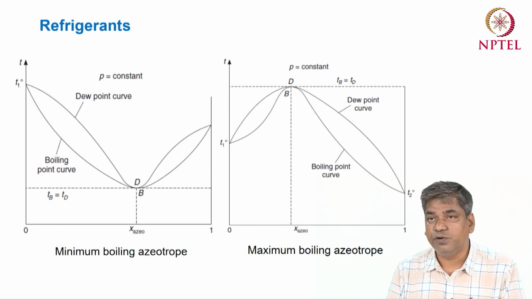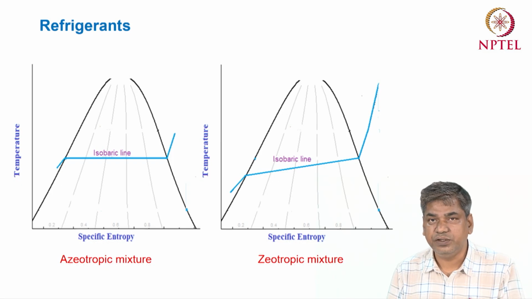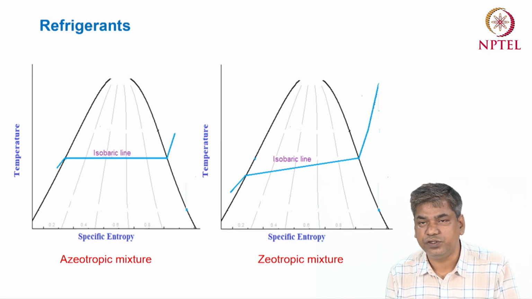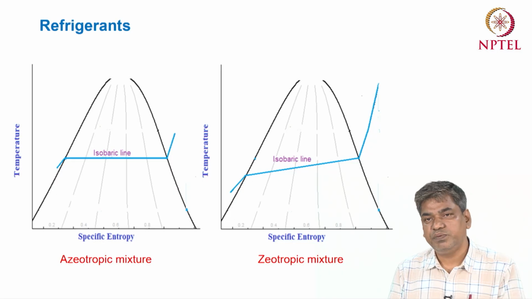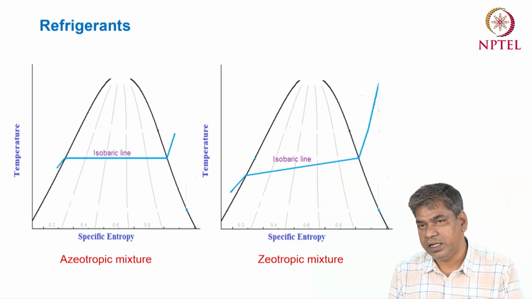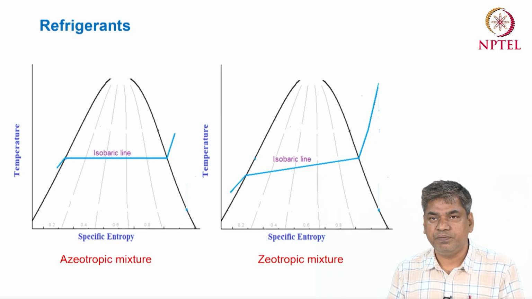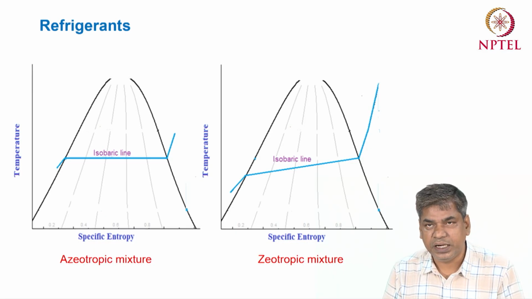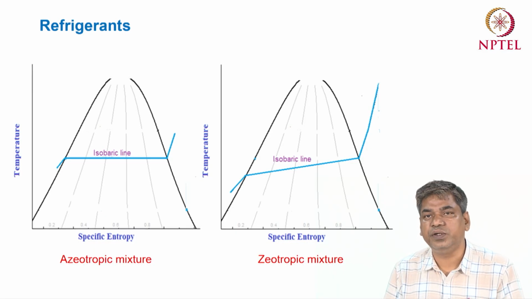So now we can differentiate between the azeotropic mixture and the zeotropic mixture. The azeotropic mixture at that optimum composition will behave like an ideal pure refrigerant. In the first figure you can see the temperature-entropy diagram. At constant pressure, the constant pressure line will be the same as for a pure refrigerant.